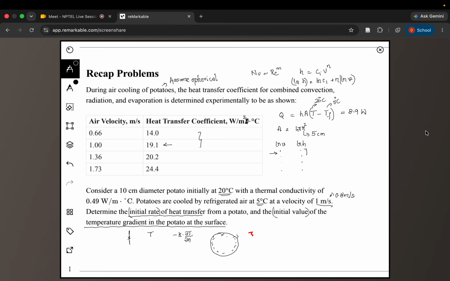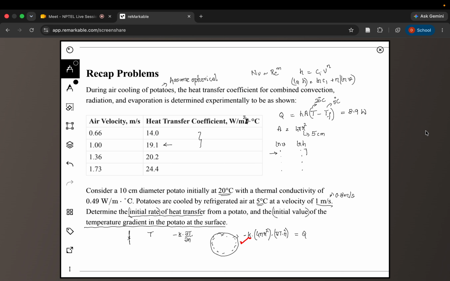So this heat flow would be given by k times the total surface area times the temperature gradient. I'll just write it as grad T for now. This should be equal to the net heat flow that you have obtained from the previous case. So I'll just put a minus here.